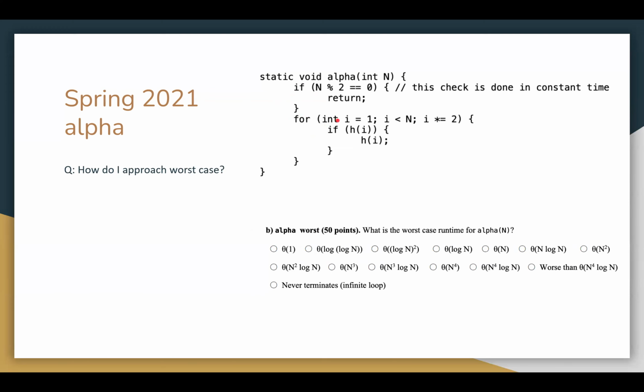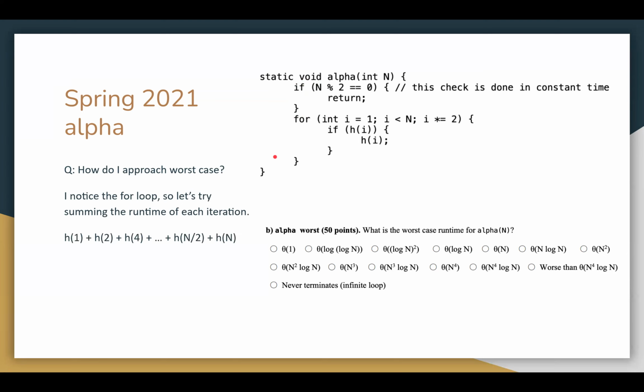And for the worst case, we have to care not only about the if statement, we also have to look at the for loop here. So let's sum up the runtime for each iteration. Notice how the for loop starts from i equals 1 and loops until i is less than n, and i doubles every time.